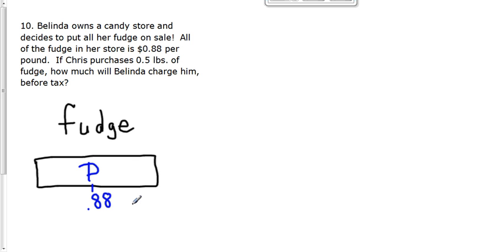Although Chris didn't purchase the whole pound, he only purchased 0.5 pounds. So he actually purchased only half. 0.5 is the same thing as a half. So the question wants to know, how much is half the pound going to cost? I don't want the total, but how much Chris is responsible for.